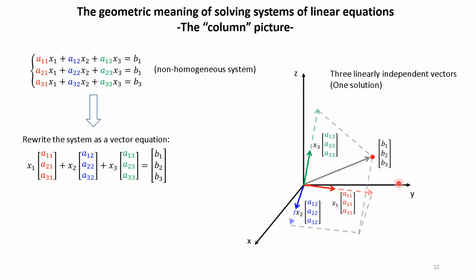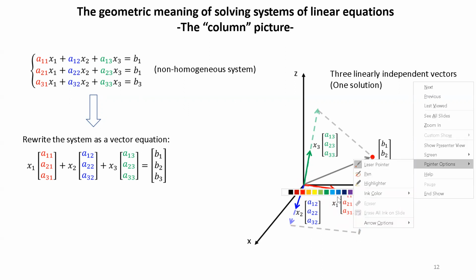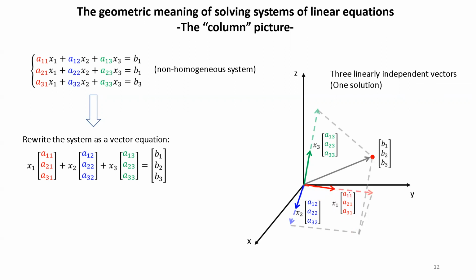So in this case, you can see how we got that. This red one, you multiply to make it longer to be here. Then this blue one, you multiply to make it longer to be here. The red and the blue added together give this purple one.